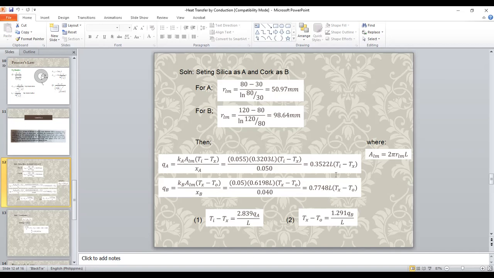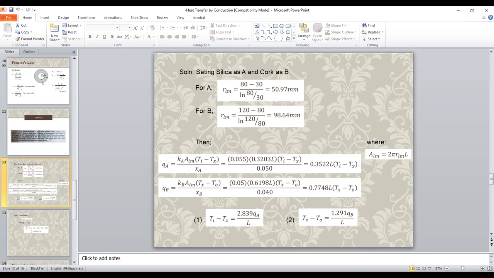And you have the T sub I minus T sub X, and you have the T sub X minus the T sub O. T sub I is the inner temperature, that's in the inner part of your pipe. T sub O is the outer temperature, meaning that would be the outermost part of your pipe, which is now the outermost cork.